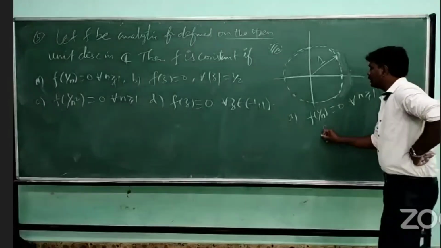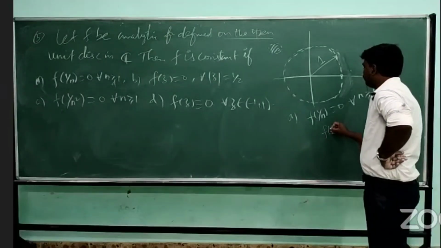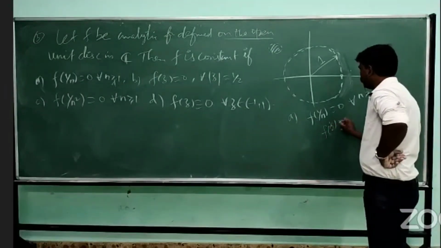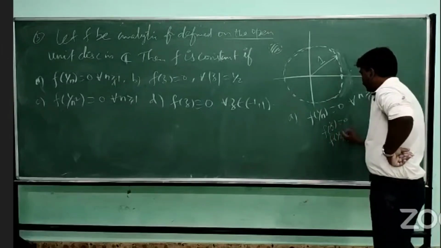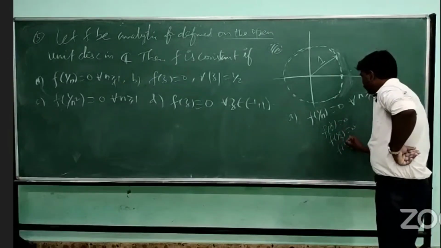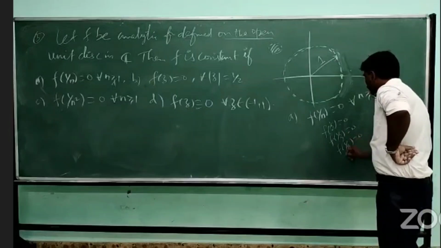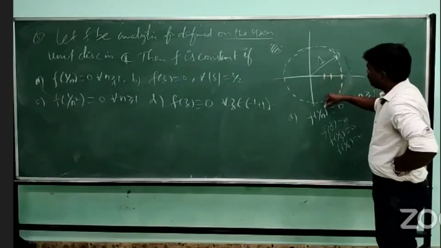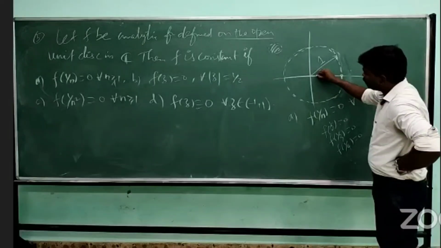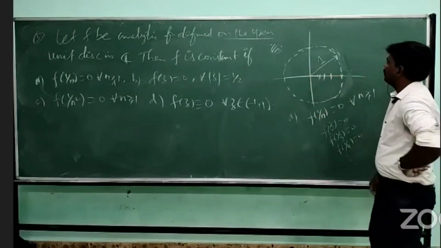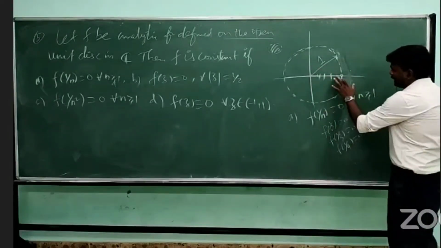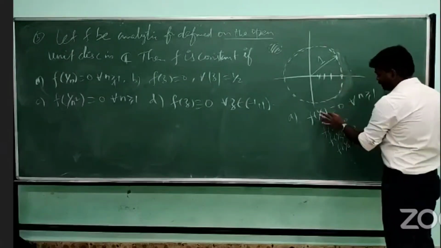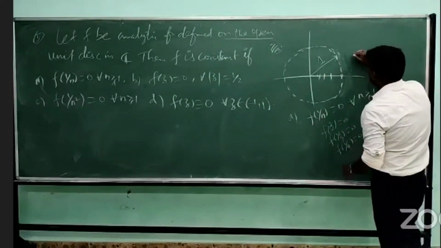Anyway, fine. It says that f of 1 by 2 is 0, f of 1 by 3 is 0, f of 1 by 4 is 0, 1 by 5 is 0, and so on. F is an analytic function with this property, whose zero set is this. What is the zero set?